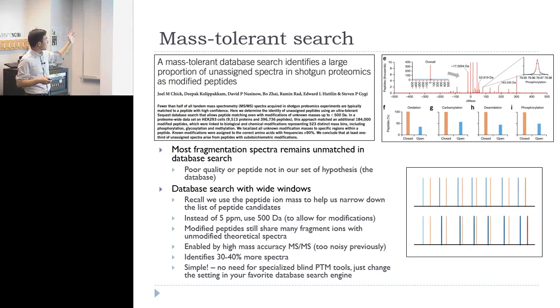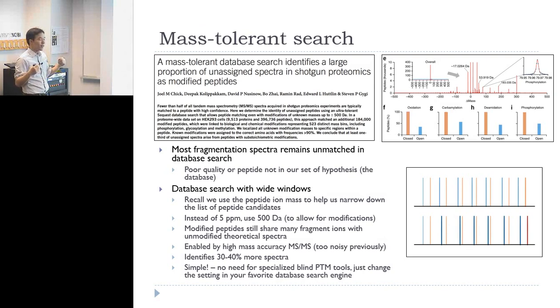So in this paper, they did mass tolerant search. So instead of using that peptide ion mass to help us really filter down the list of peptide candidates, so the accuracy of the instrument may be 5 parts per million, we said, okay, well, let's pretty much not use that information, and let's use a window of 500 Daltons to allow for all these modifications or potential modifications.